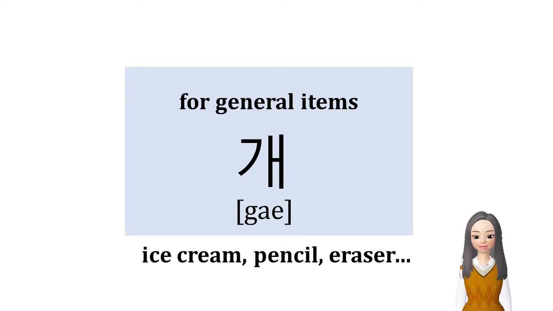The first count word is 개. It's used for general items like ice cream, pencil, eraser, and anything else. So if you're unsure about which counter to use, just use 개, and a lot of the times it will make sense.